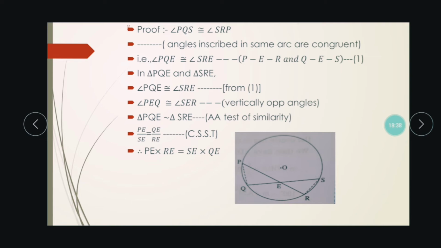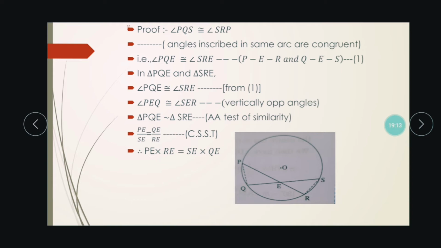Now in place of angle PQS, I can write angle PQE as E lies between Q and S. Same way, in place of angle SRP or PRS, I can write ERS or SRE, as E lies between P and R. So I can write that angle PQE is equal to angle SRE.